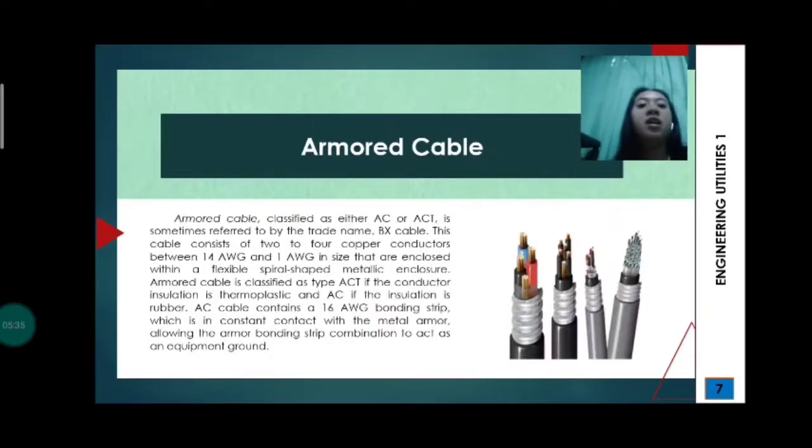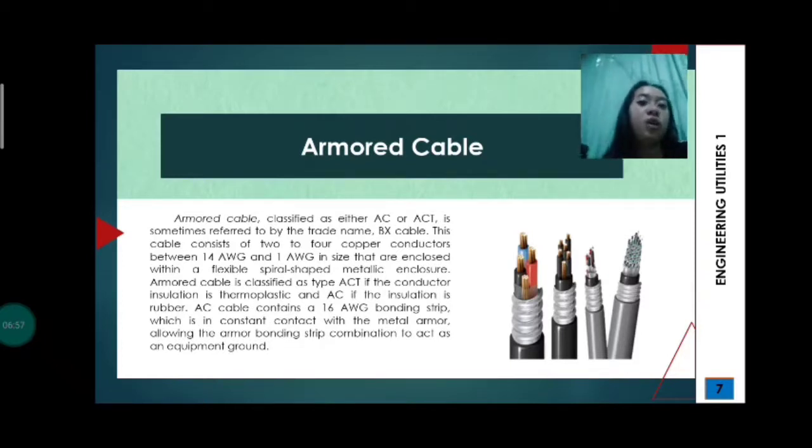Next one is the armored cable. Armored cable is classified as either AC or ACT. It is sometimes referred to by the trade name BX cable. This cable consists of 2 to 4 copper conductors between 14 AWG and 1 AWG in size that are enclosed within a flexible spiral-shaped metallic enclosure.